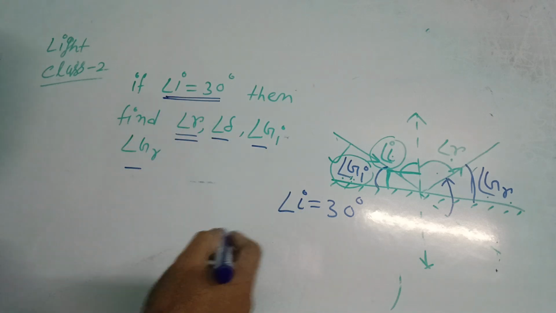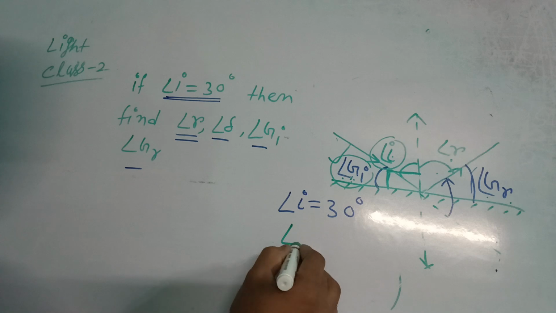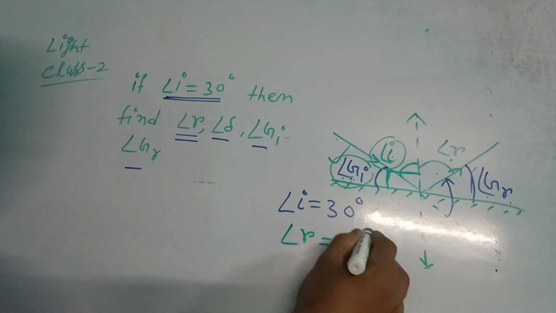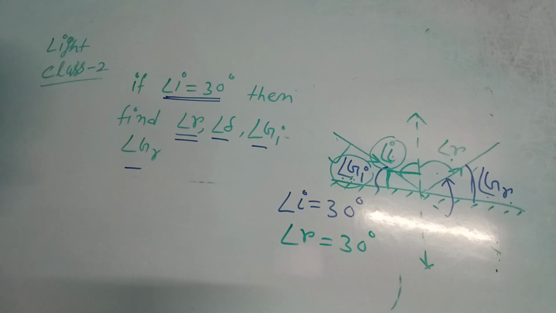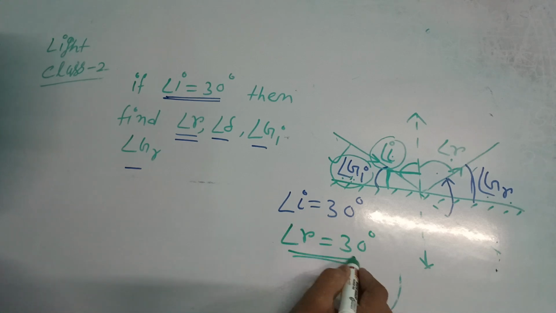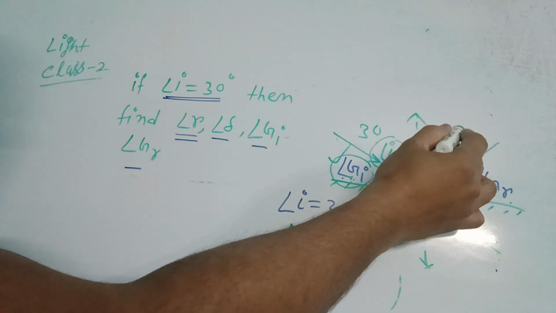If I equals 30 degrees, then according to our knowledge, angle R must be 30 degrees, because from the second law of reflection we know angle I and angle R are the same. So I equals 30, then R is also 30 degrees.